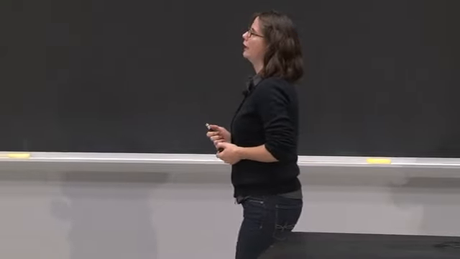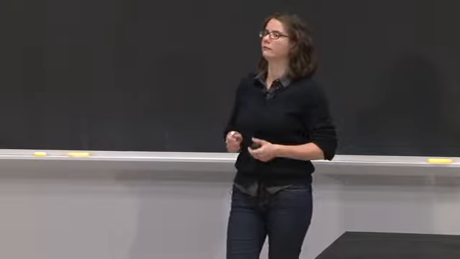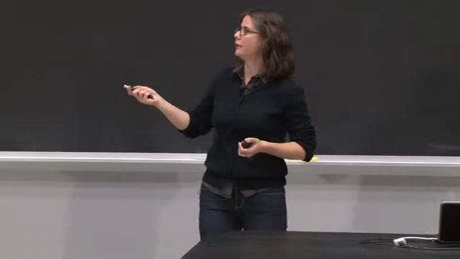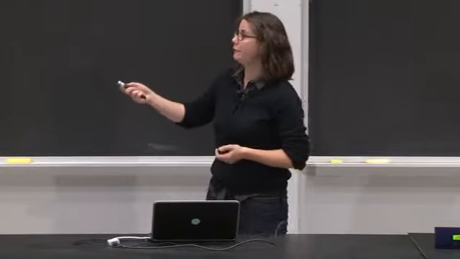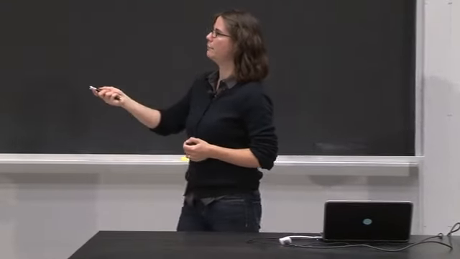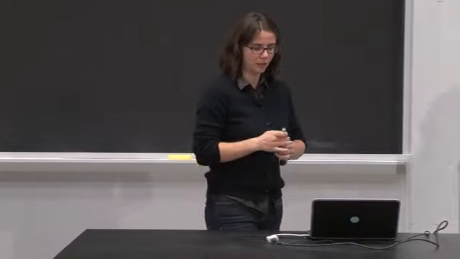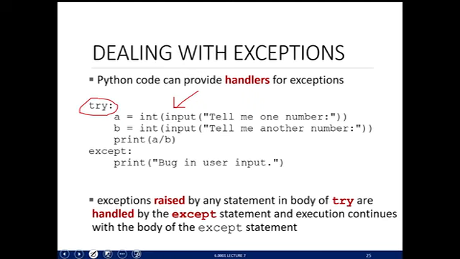If none of these lines of code actually produce an error, then great. Python doesn't do anything else. It treats them as if they were part of a regular program. But if an error does come up, for example, if someone doesn't put in a number but puts their name in, that's going to raise an error, specifically a value error.